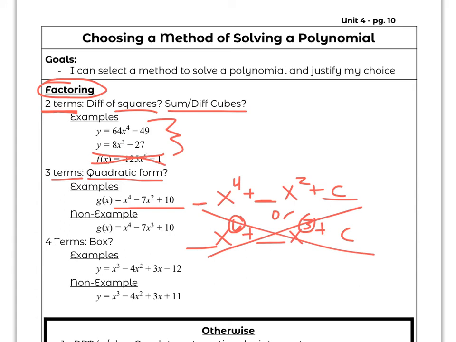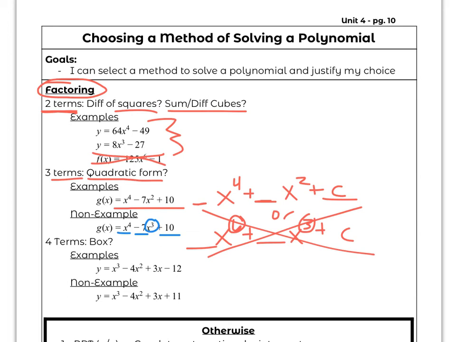So we really focus on to the 4th power. So in this non-example, notice I kept my numbers the exact same, but this is cubed. So since that's cubed, I need to go through that whole long process of using the table in my calculator if I wanted to solve that problem. So just because it's 3 terms doesn't mean it's this quadratic form.